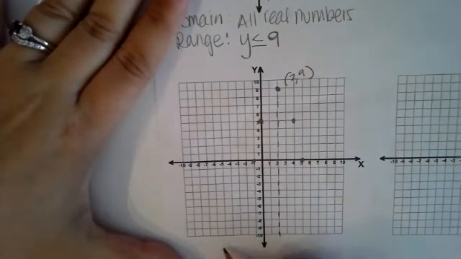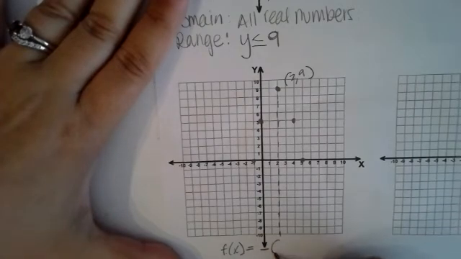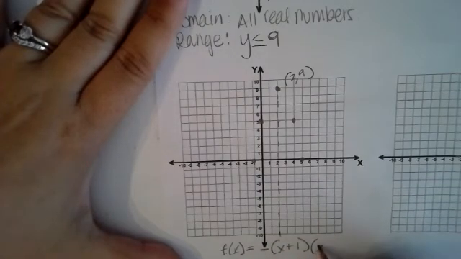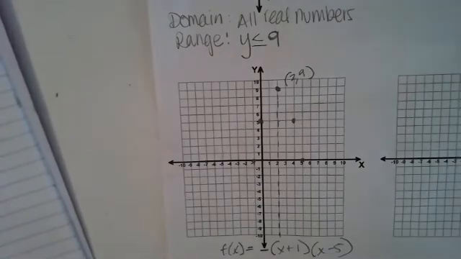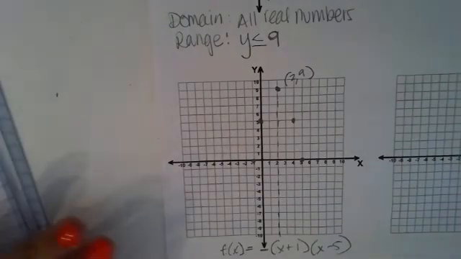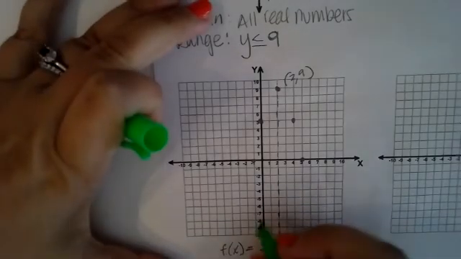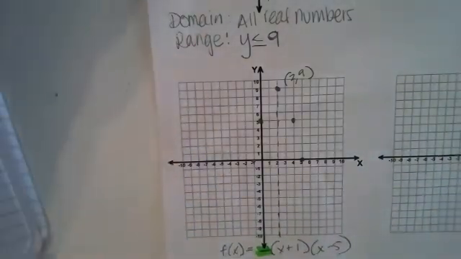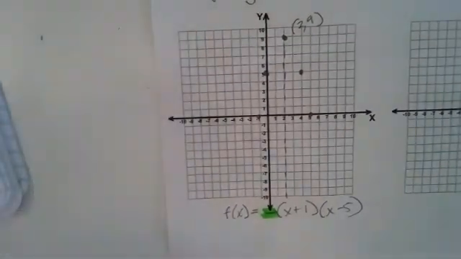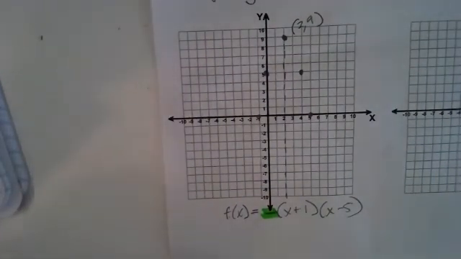Now I want to remind everyone, while we're looking at graphing, that the original problem was f of x is equal to negative (x plus 1) times (x minus 5). We need to pay attention to that original problem because out in front is the negative sign, which lets me know that this is going to be, like I like to call it, a sad meal.